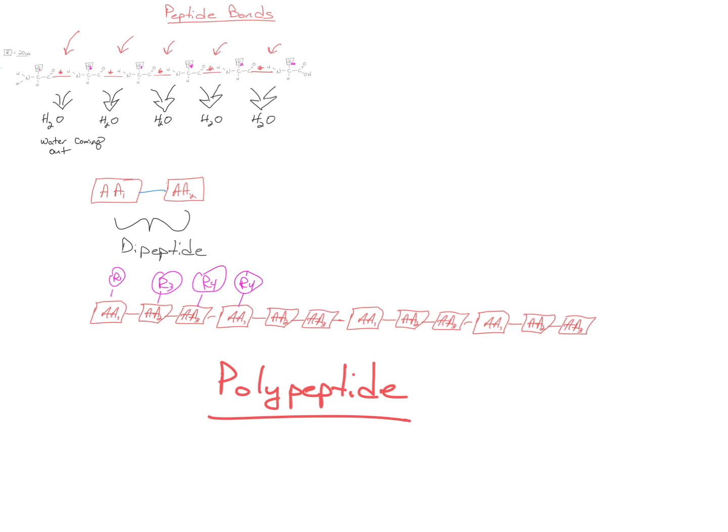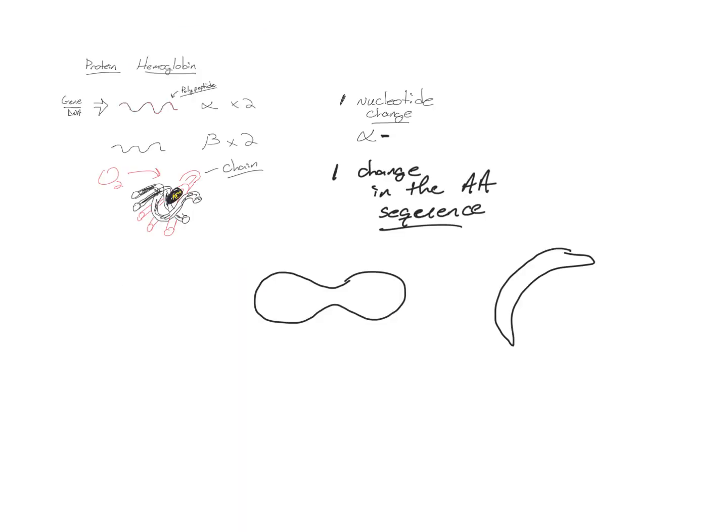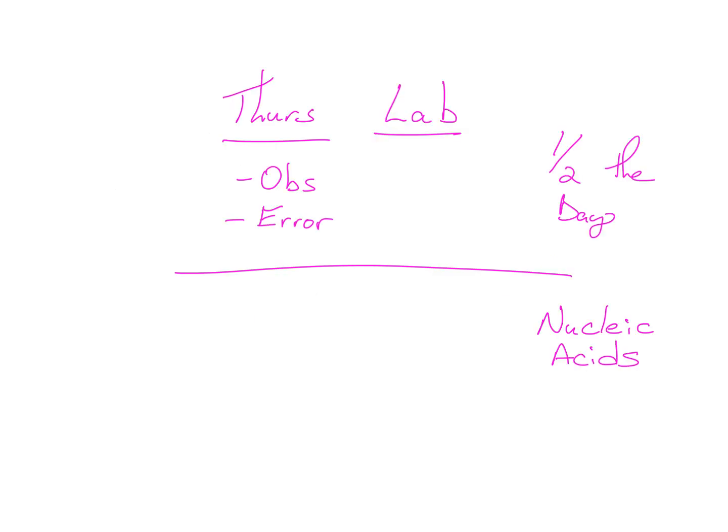Let's take a look at an example really quickly. On Thursday, we're going to have a lab. It's mainly observational. You're going to make some observations and say, did it work or not? What did you learn from it?